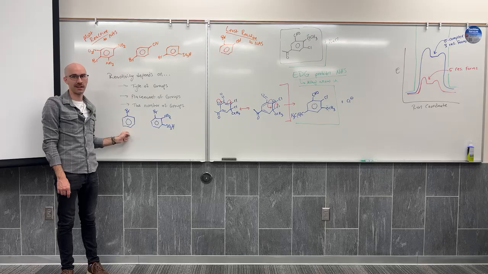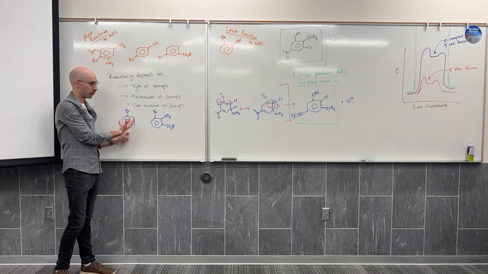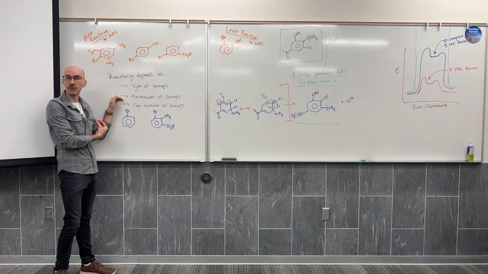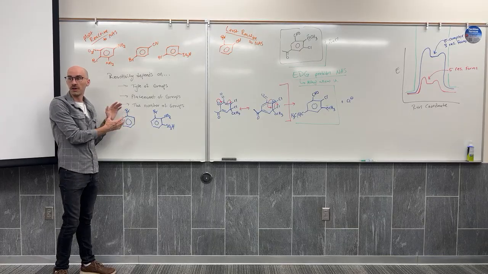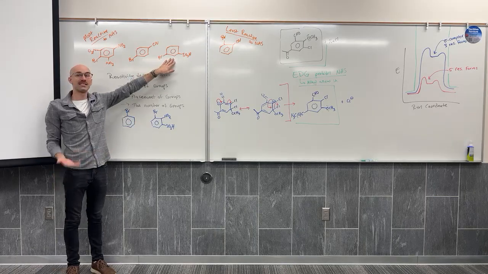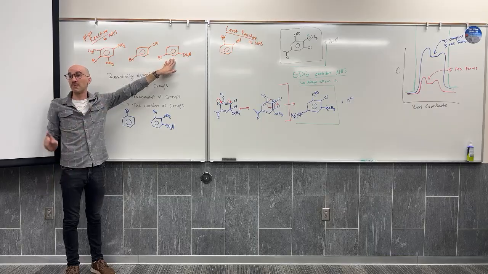Because this doesn't have an electron withdrawing group at all. And the electron withdrawing groups pull electron density away from the ring, making it easier for a nucleophile to attack. So with no electron withdrawing group, this is probably less electrophilic. Yeah, it's a shame that this is meta, but at least it has an electron withdrawing group.